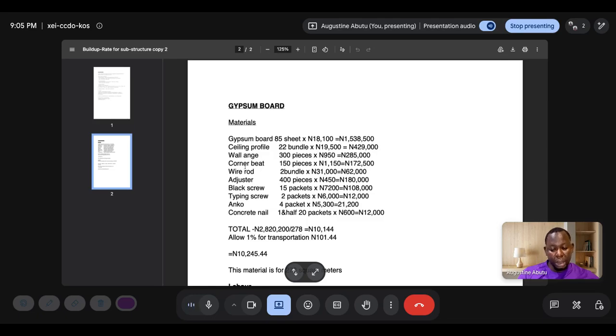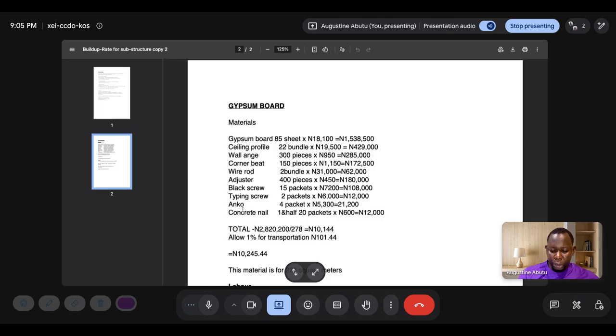Corner beads would also be needed. Wire rod would be needed. Adjuster would be needed. Black screw would be needed. Tapping screw would be needed. Anchor would be needed. Concrete nail would be needed.